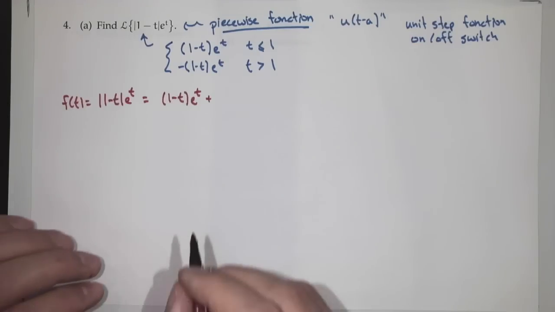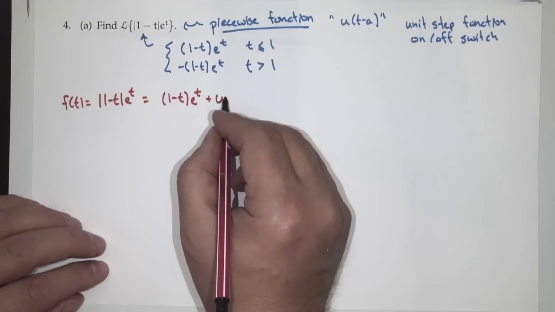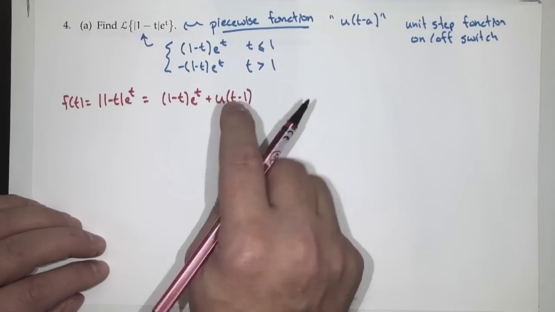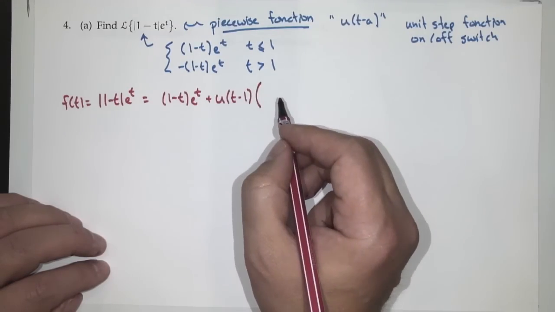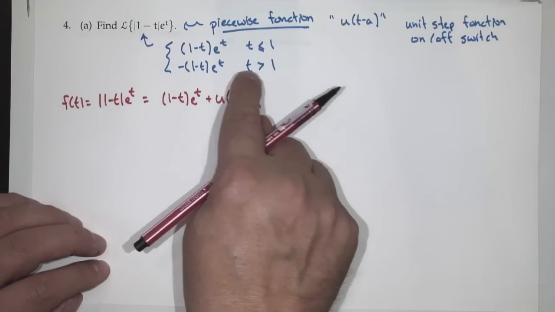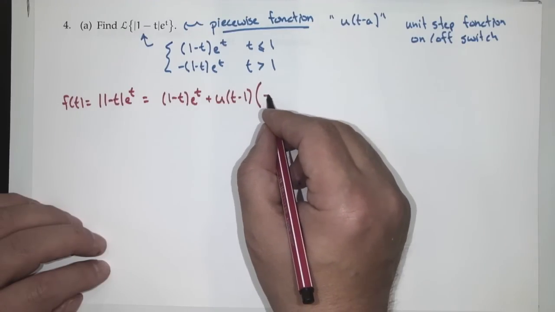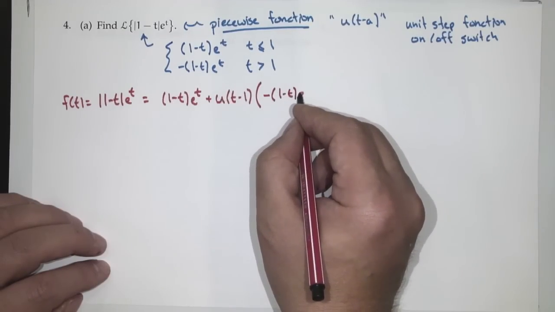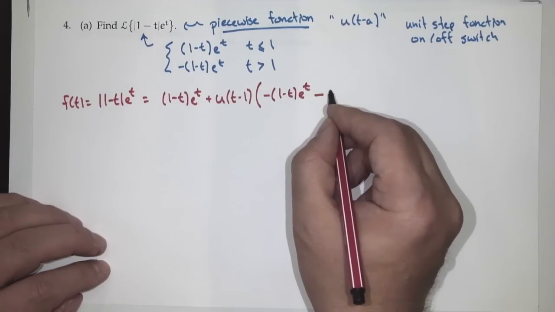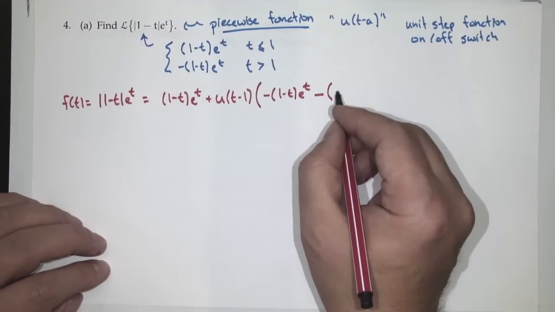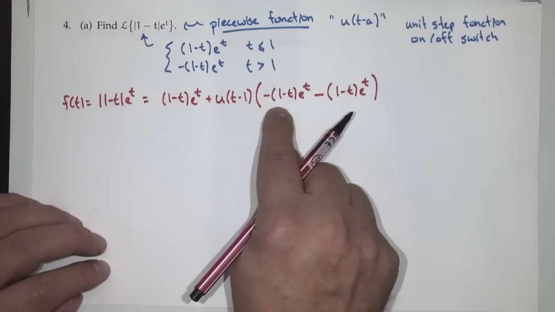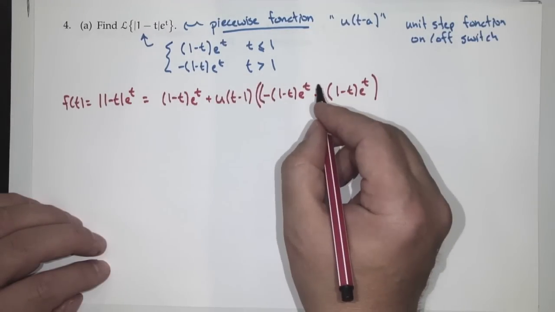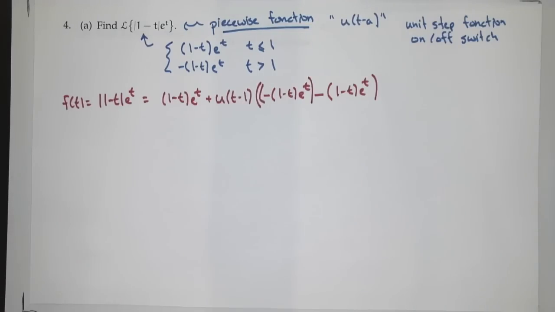So since we change behavior at 1, we put an on-off switch at 1. So this is us introducing our on-off switch. And now we turn on what happens after 1, so minus 1 minus t e to the t. Subtract what came before 1. We're turning off what was before. So turn on what happens after, turn off what came before. And then that's it, because we only have one place where we change behavior.